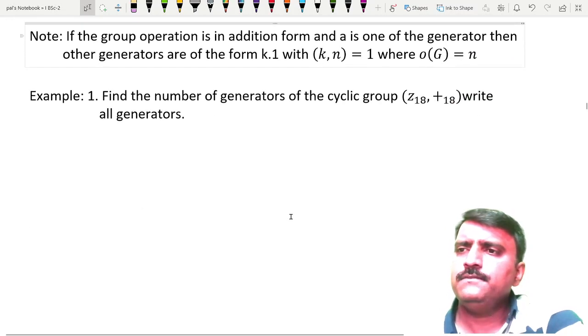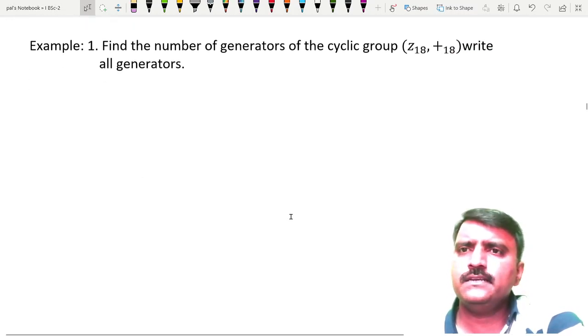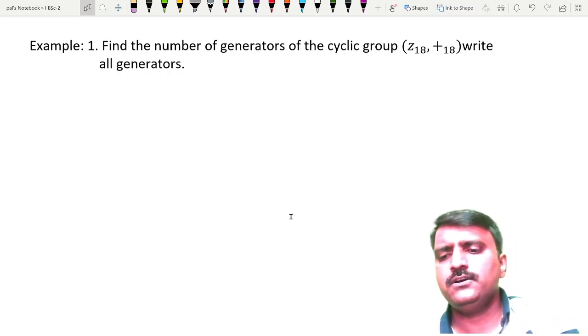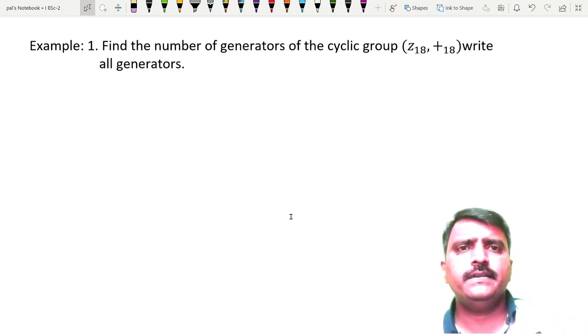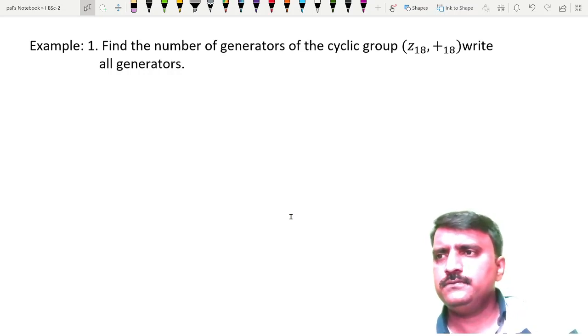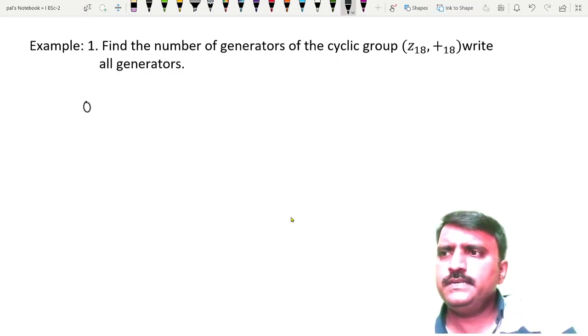Okay, find the number of generators of the cyclic group Z18 under addition. Okay, what is the order of Z18? Z18 means how many numbers are there? There are 18 numbers, namely 0, 1, 2, 3 up to 17. So the order of Z18 is 18.